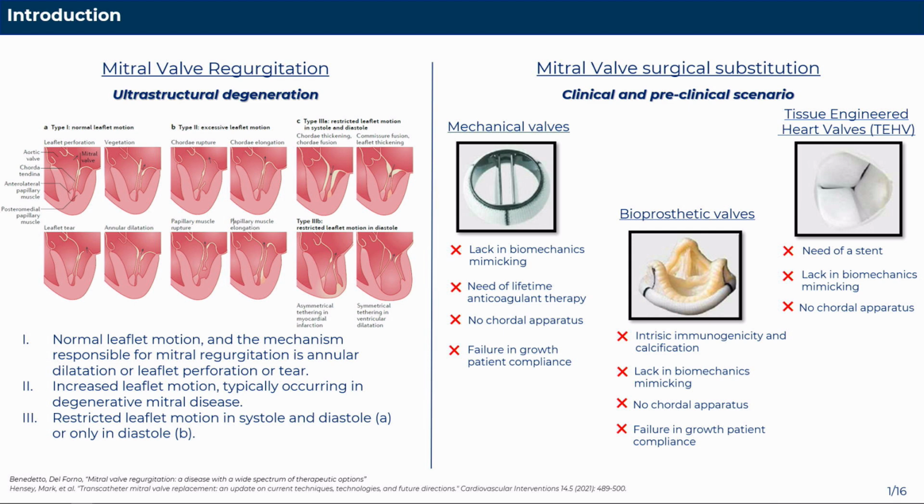However, none of these categories were or are currently designed properly for the mitral valve, for example, because they fail in growth and patient compliance and because they lack biomechanical mimicry.